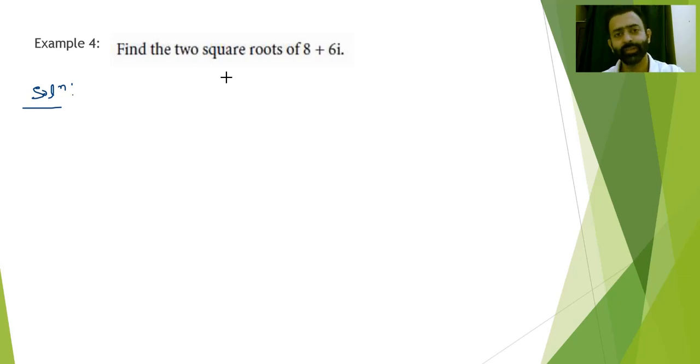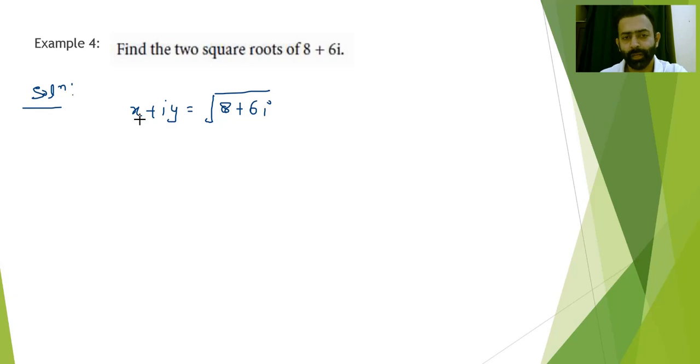So for now we will consider that any number whose square is a complex number will be a complex number. Okay, so writing this, square root of 8 plus 6i in the form of x plus iy, right? Ultimately x and y we have to find out, right?